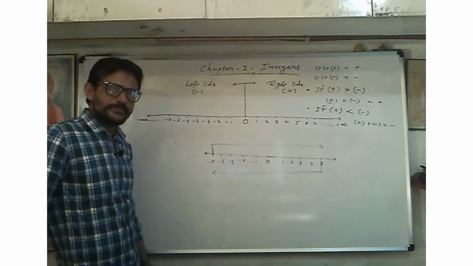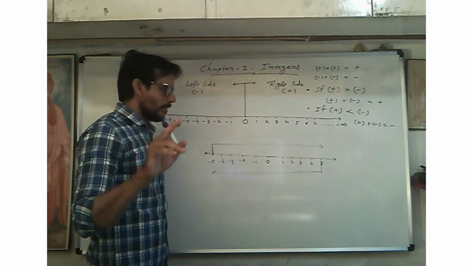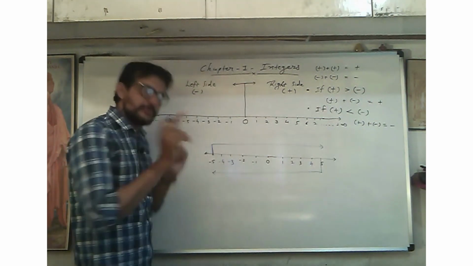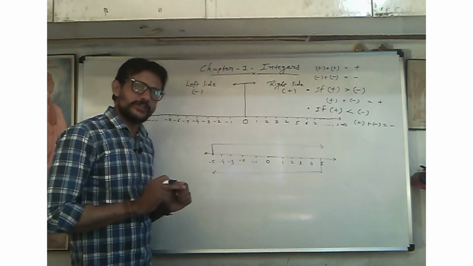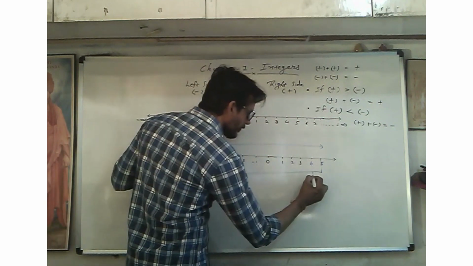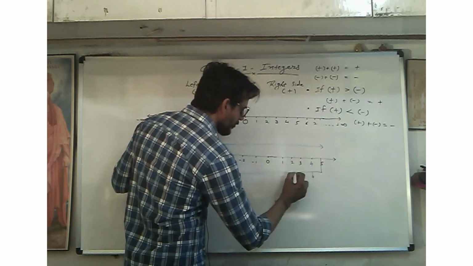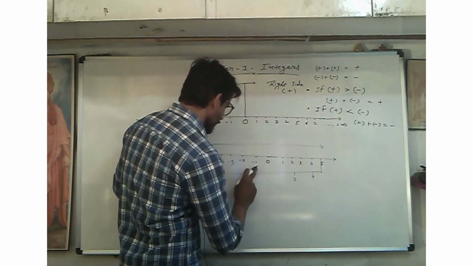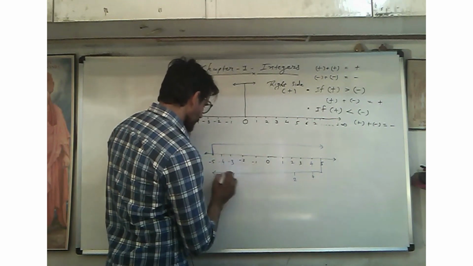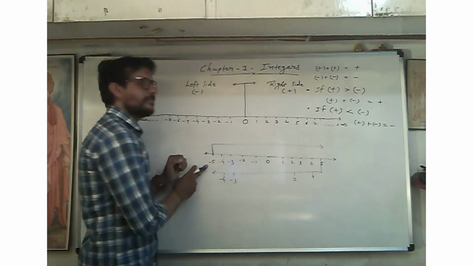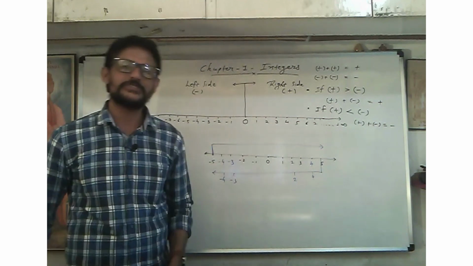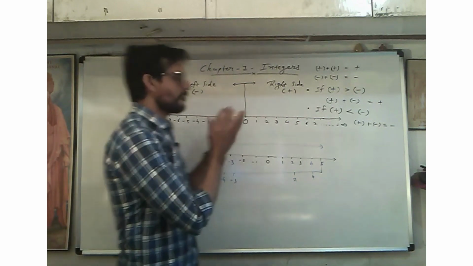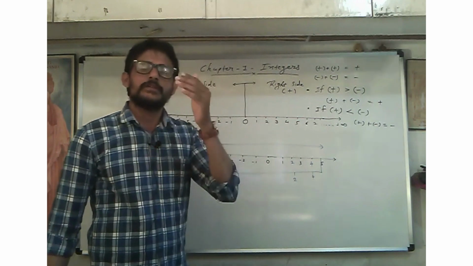Okay. If I start from plus 5 to minus 5, that means this is descending order. 5, 4, 3, 2, 1, 0, minus 1, minus 2, minus 3, minus 4, minus 5. So this is descending order. Minus 5 to plus 5, this is ascending order.